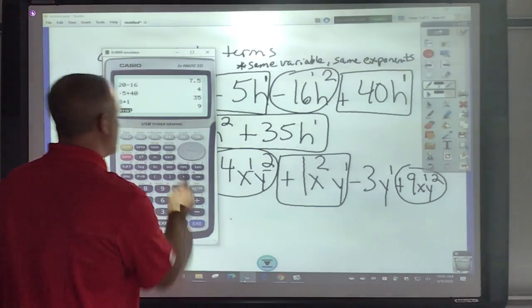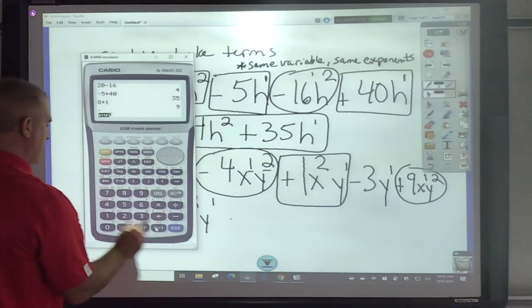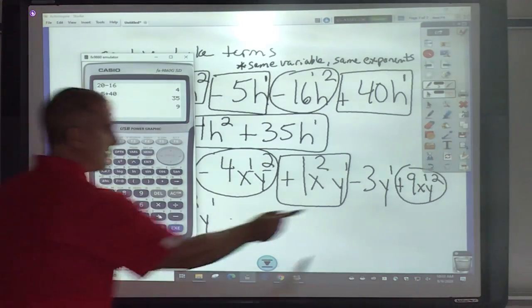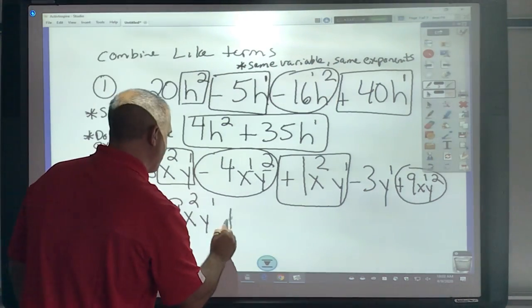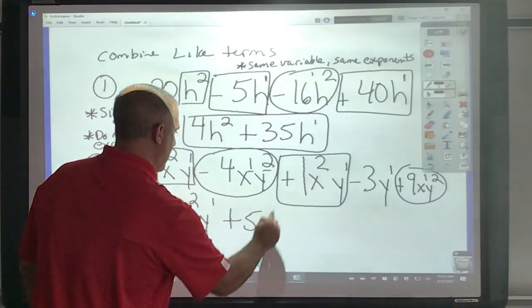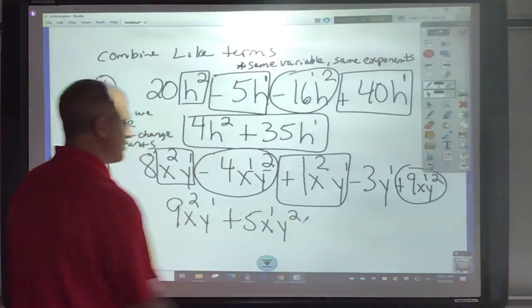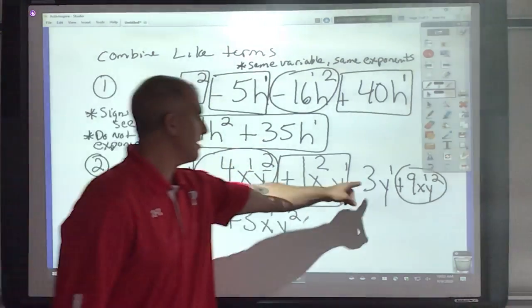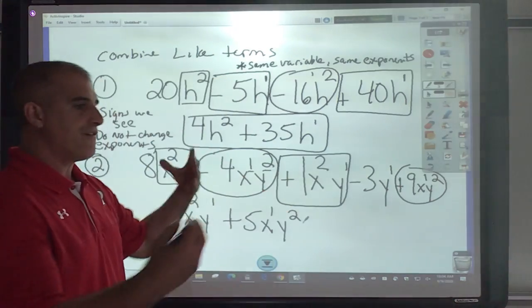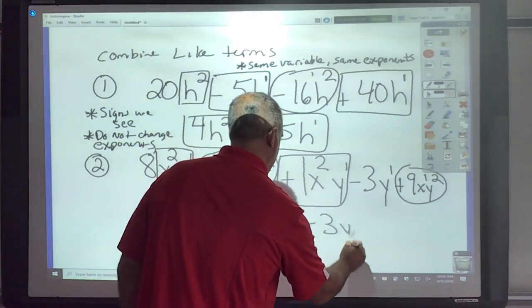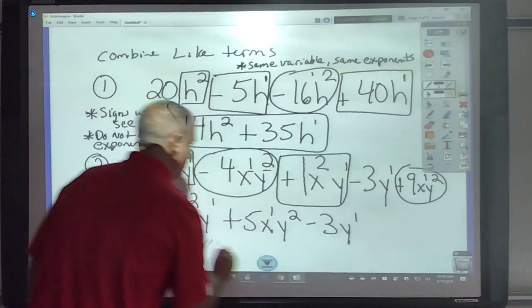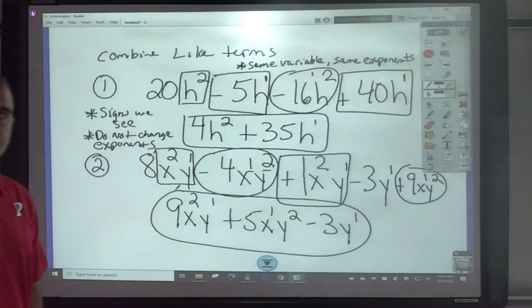The way this is going to go into the calculator is negative 4 plus positive 9, which gives me a positive 5, so positive 5, x1, y2. Now someone would say, Mr. Evans, we got one left, this minus 3y1. If there's no matching term, that just drops down next to it. And that would be my final answer.